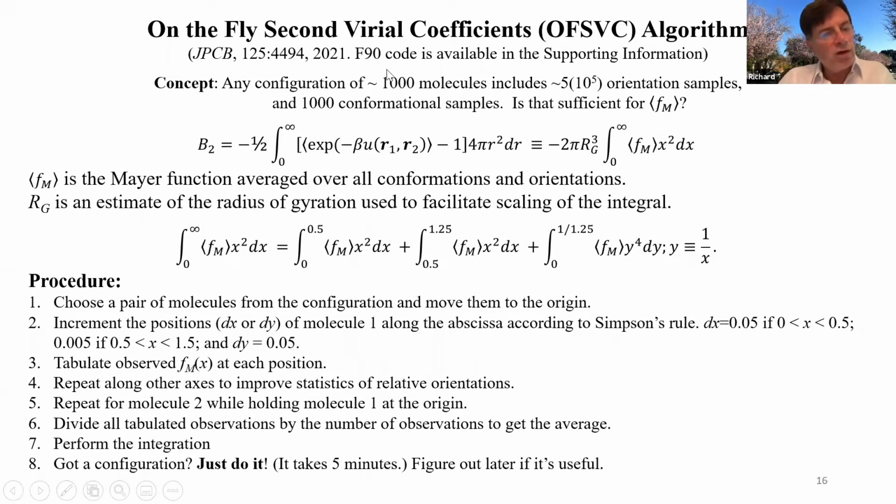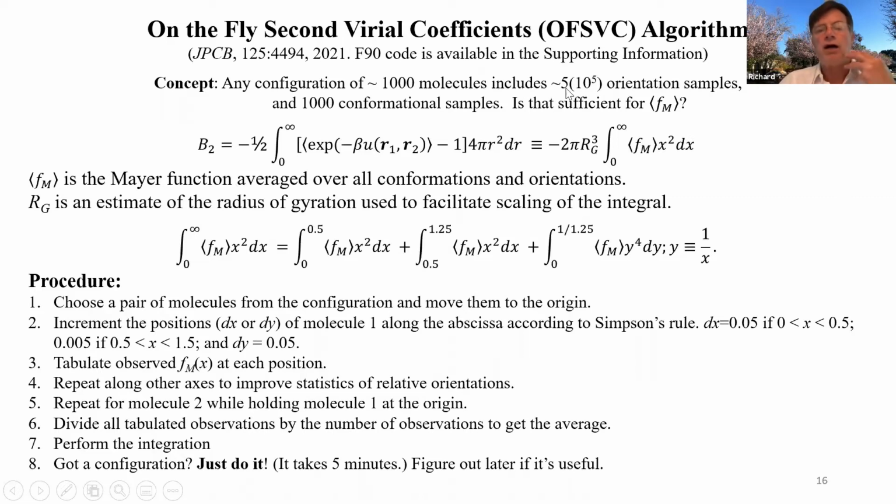I did some work on second virial coefficients recently, and I've talked about this just briefly in the past, and I showed you this algorithm. I wrote it up recently, and I included some Fortran 90 code for doing this on-the-fly method. Basically, what it involves is choose any configuration with 1,000 molecules.